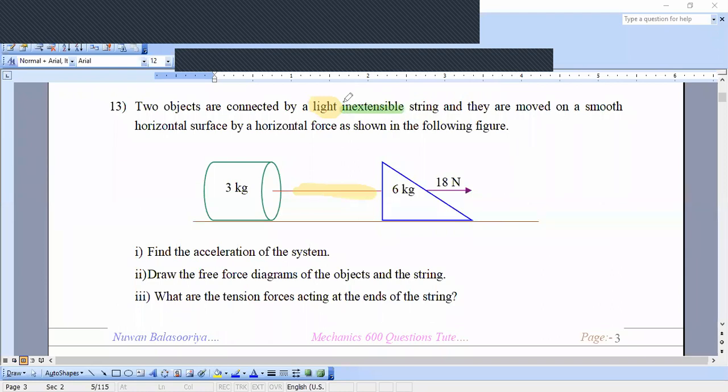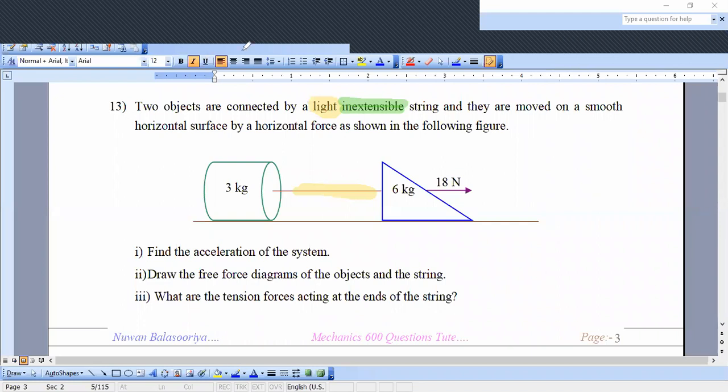What does it mean, dear? It is not stretchable. It means by applying forces, you cannot increase the length of the string. So light means massless string. Inextensible means you cannot increase the length by applying forces. Got it?